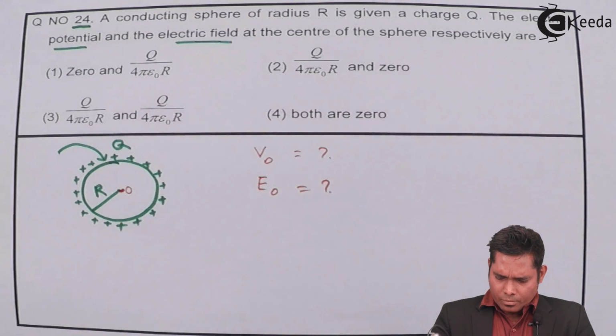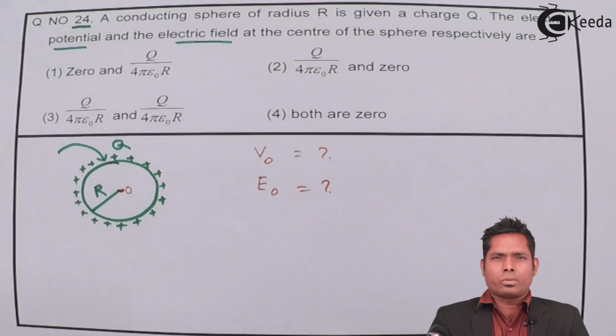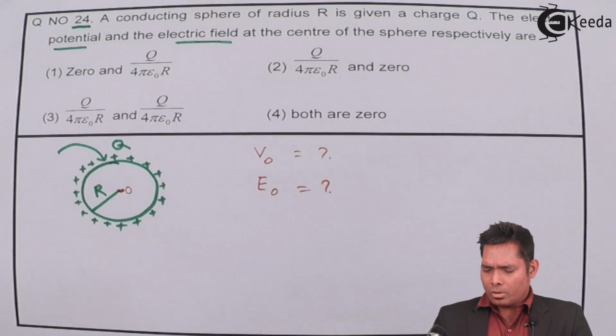The electric field can be found using Gauss theorem.